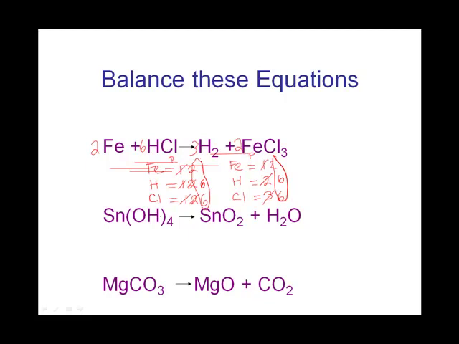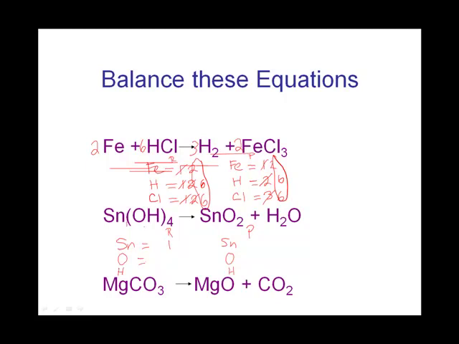Taking a look on the next one, we have reactants, we have products, we have Sn, we have O's, and we have H's. Okay, and we have Sn, we have O's, and we have H's. So Sn, again, equals 1. There's a 1 there.